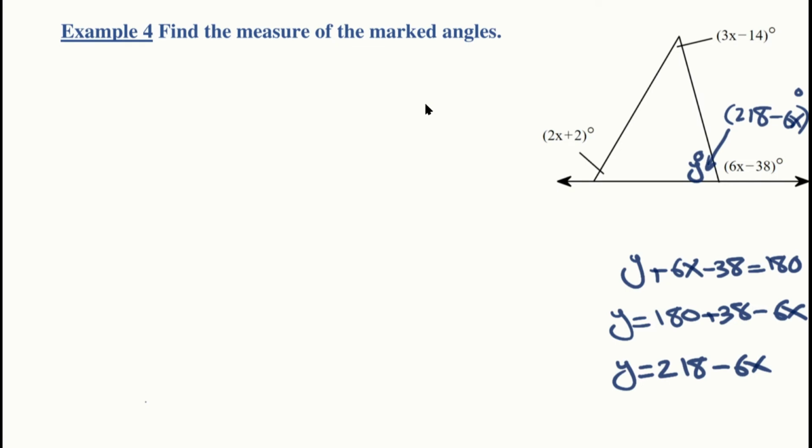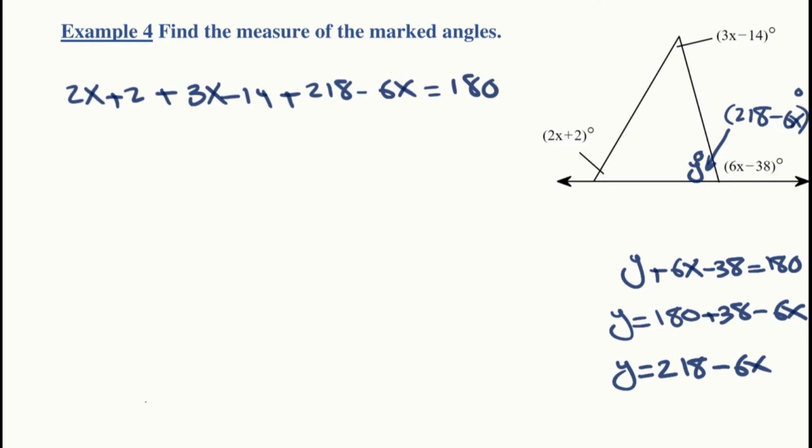All right, so now we can go ahead and utilize the triangle sum theorem now that we know all three interior angle measures. So we just want to make sure that we use 218 minus 6x for this angle, not that expression, 6x minus 38. So we have 2x plus 2 plus 3x minus 14 plus 218 minus 6x should all add up to 180.